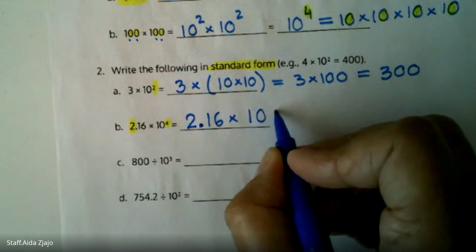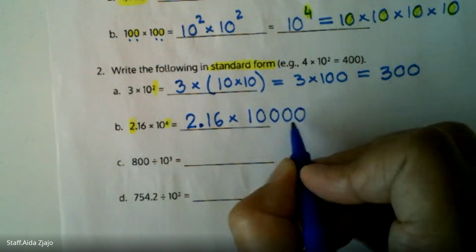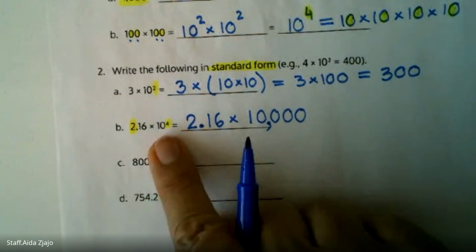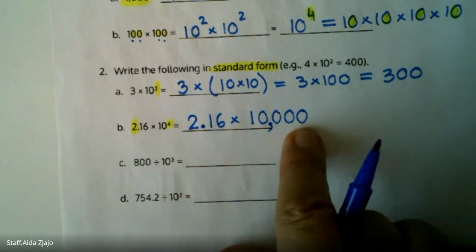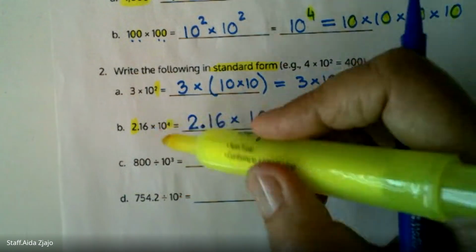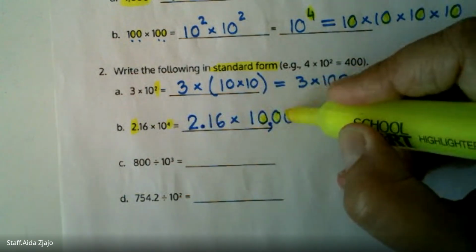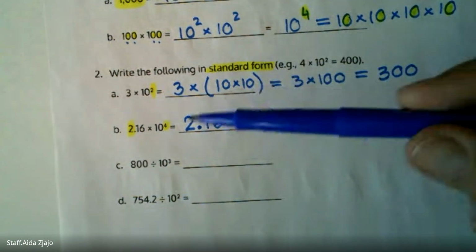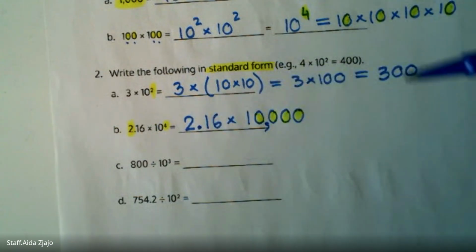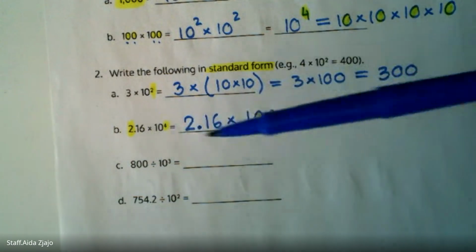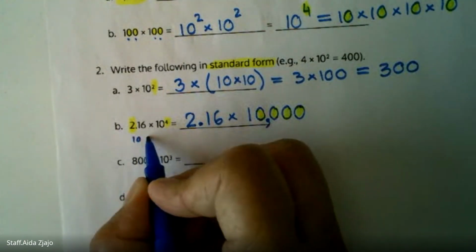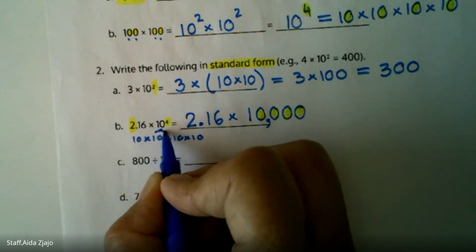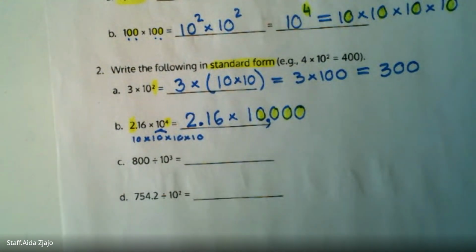So 1, 2, 3, 4. 1, 2, 3, comma. So 10 to the power of 4 is 10,000 because it has a 4 exponent, and that means 1 with 4 zeros. This is 10,000. Or you can see this as 10 times 10 times 10 times 10. That is 10 to the power of 4.